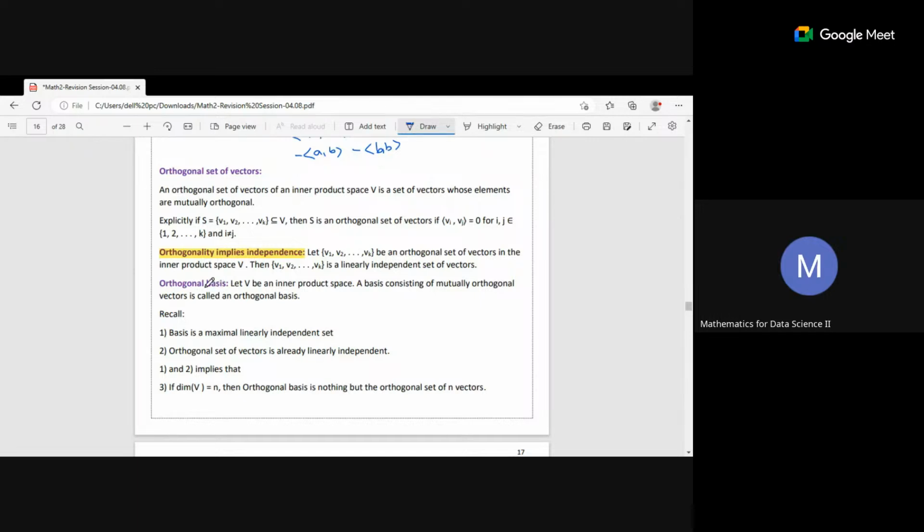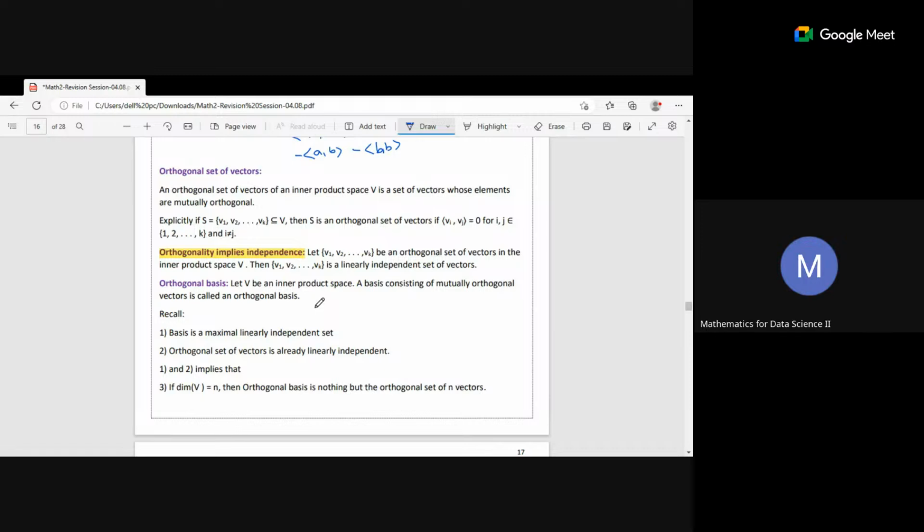So what is an orthogonal basis? If you have an inner product space and you have a basis consisting of mutually orthogonal vectors, then that is an orthogonal basis. What is a very easy example of an orthogonal basis for Euclidean spaces? The standard basis.